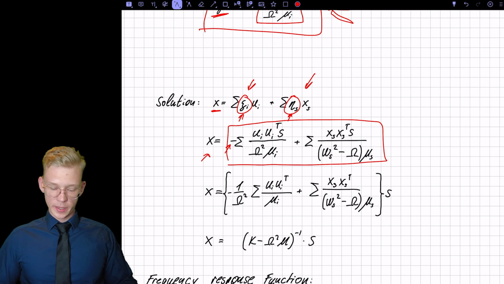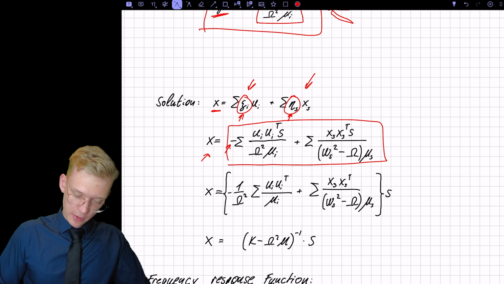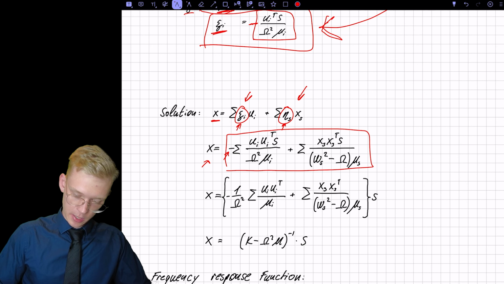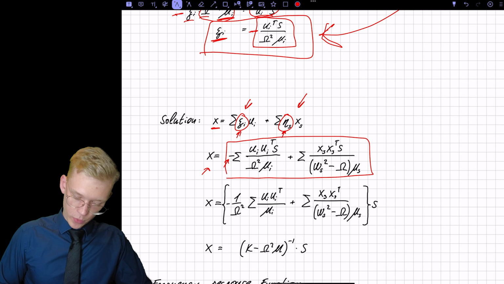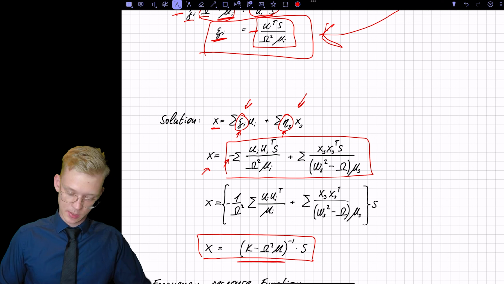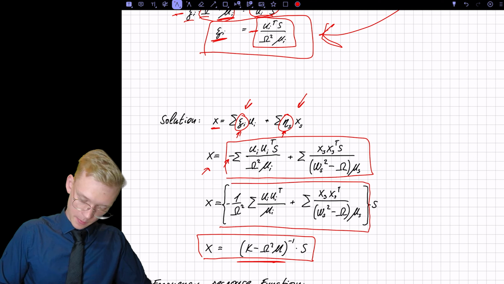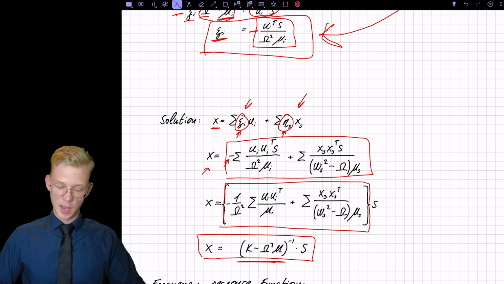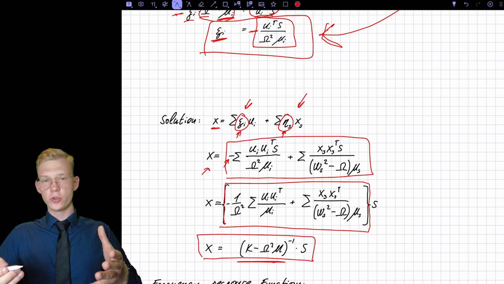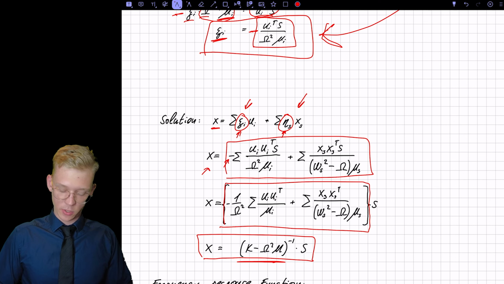So what is that function? If we look at our solution, what we actually did is we inverted our mass matrix. This part here is basically just an algebraic inversion of our matrix.